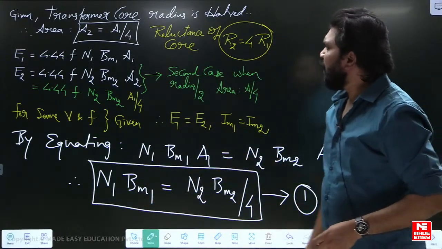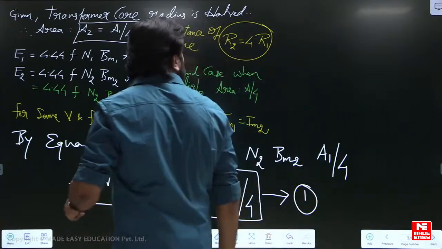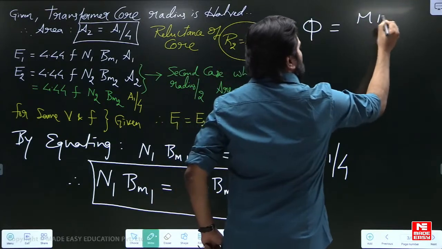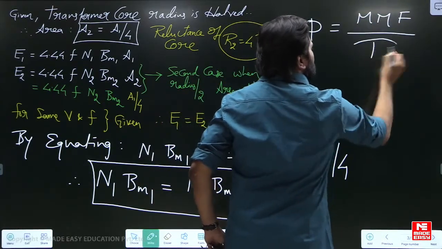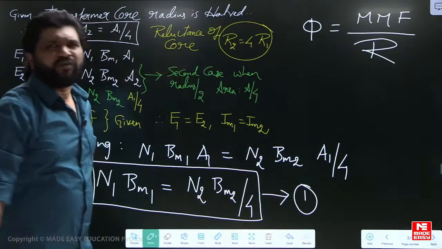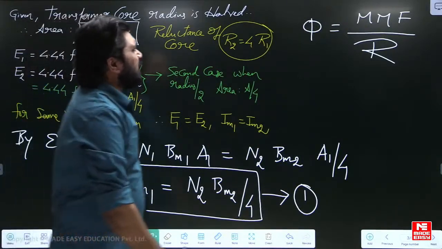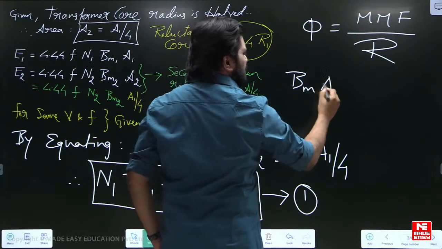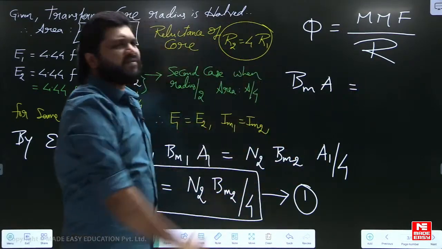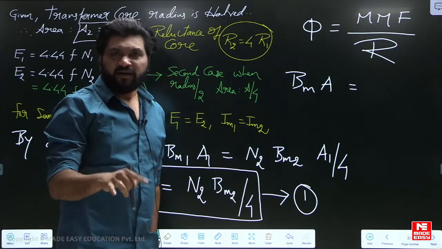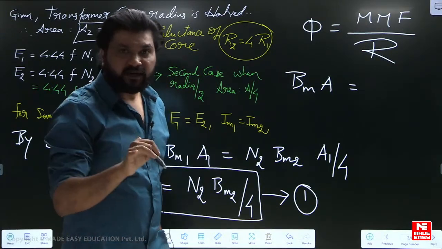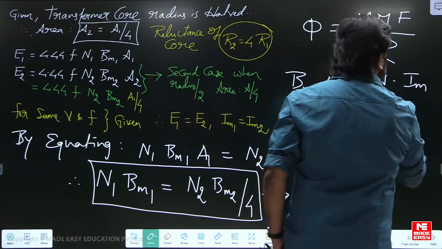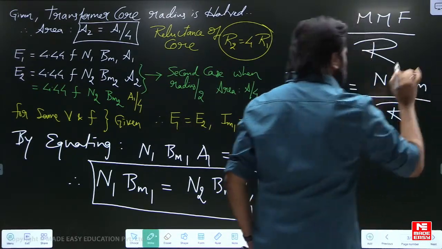Next, go back to the basic equation. Flux is equal to MMF by reluctance, like I is equal to V by R concept. In case of flux, we can write BMA, MMF N into I, here N into IM, magnetizing current, by reluctance.